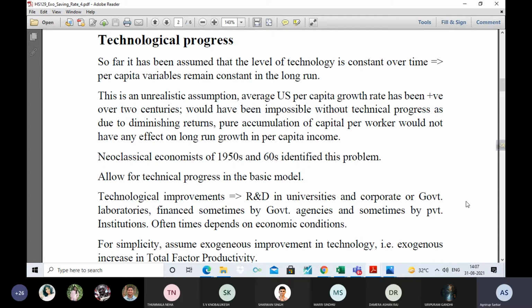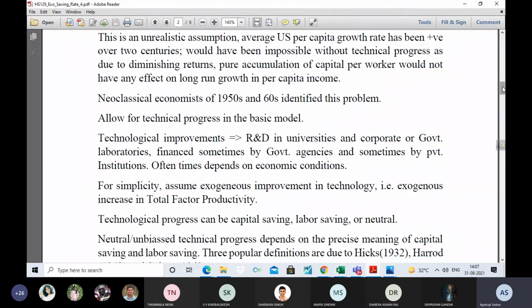As a result of this, we found that all variables expressed in per capita terms were constant in the long run. If you look into data for several countries, you would find that this assumption is kind of unrealistic.